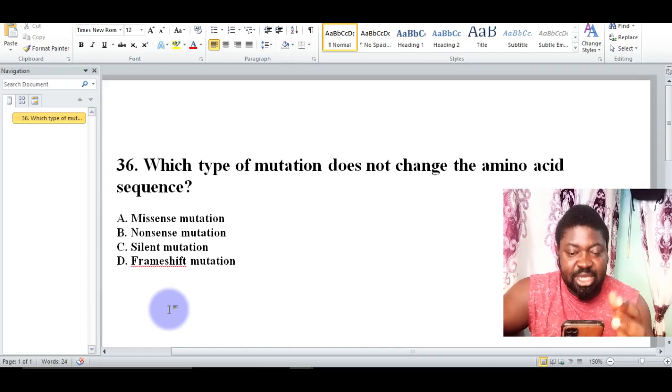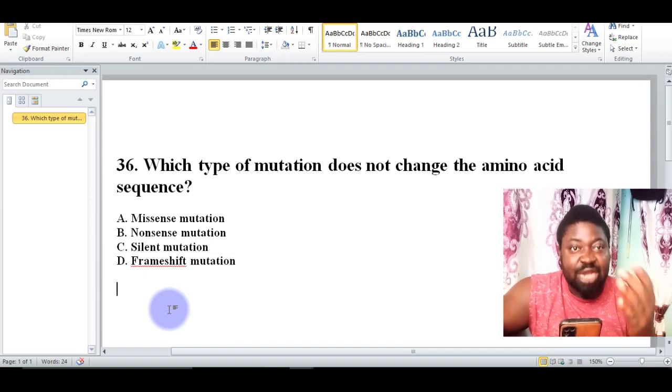This is why option C, silent mutation, is correct. Just keep in your head that anytime they talk about silent mutation, it means that it does not alter the amino acid sequence; it can only change the DNA base, but the sequence of the amino acid cannot be altered.